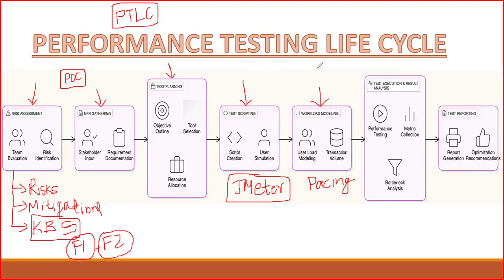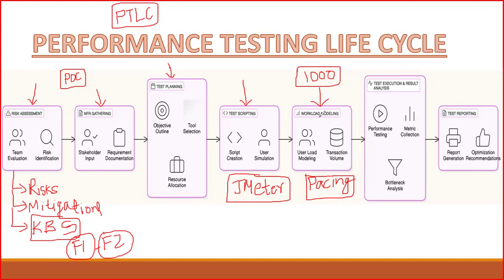For example, the client requirement here is that 1,000 user registrations should happen. Then, in order to reach this particular count, we need to calculate a value called pacing. That pacing value we are going to calculate with the help of the Little's law formula in this workload modeling stage.